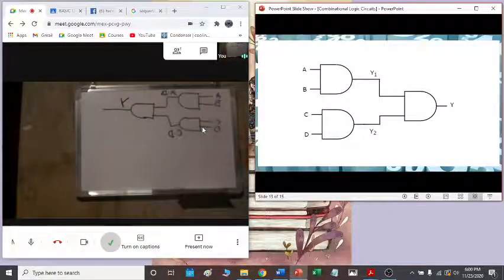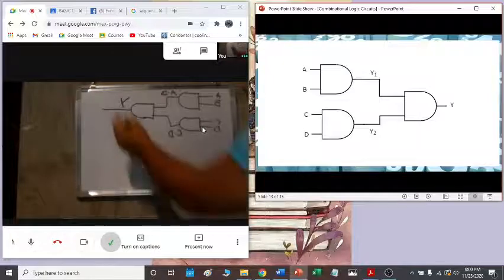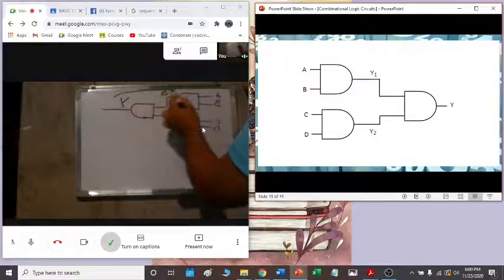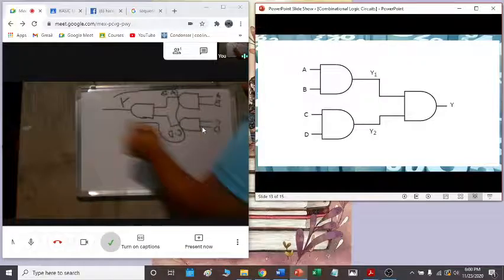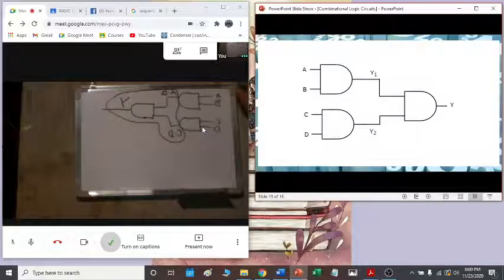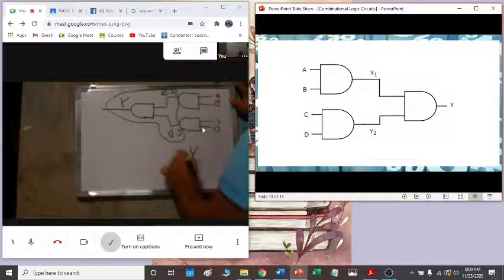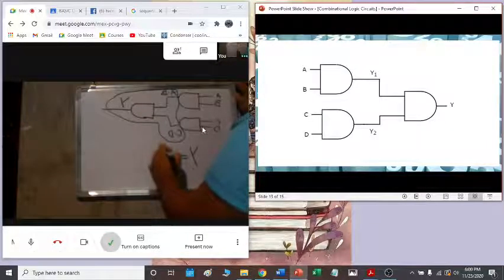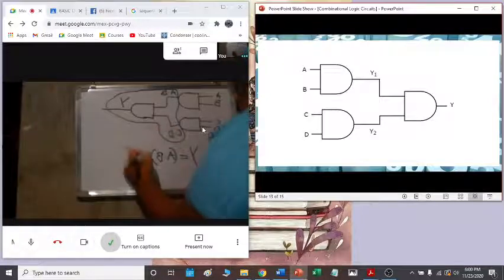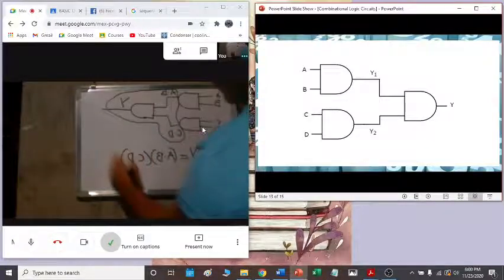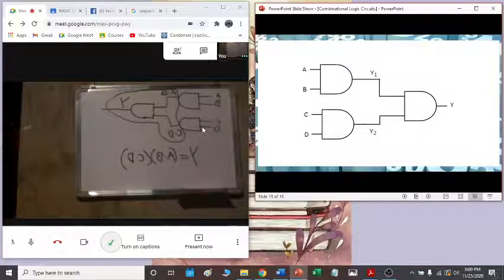So here you base it on the structure of the circuit to get the Boolean expression. So Y is equal to A times B times C times D. So this is your Boolean expression.